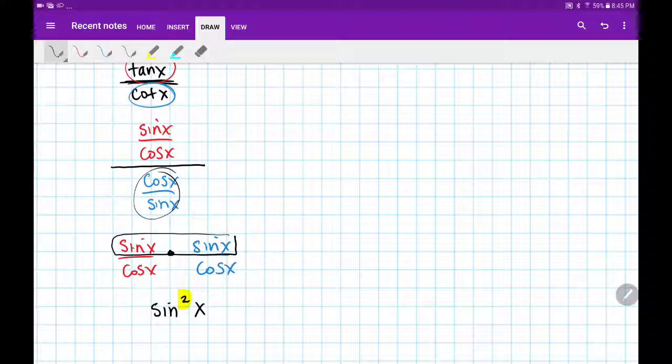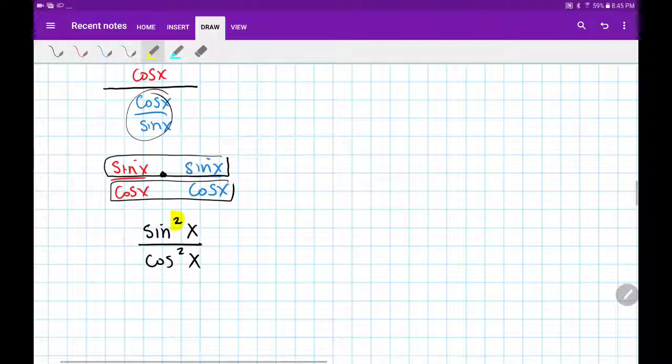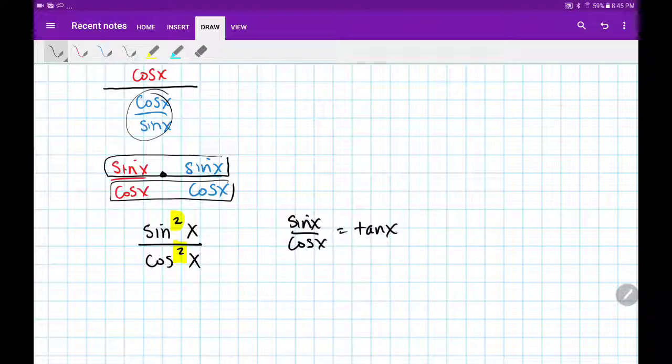Now in the denominator, I have cosine x times cosine x. So if sine times sine gave me sine squared x, then cosine times cosine will give me cosine squared x. And now I have sine squared over cosine squared, which looks really similar to my tangent formula, right?